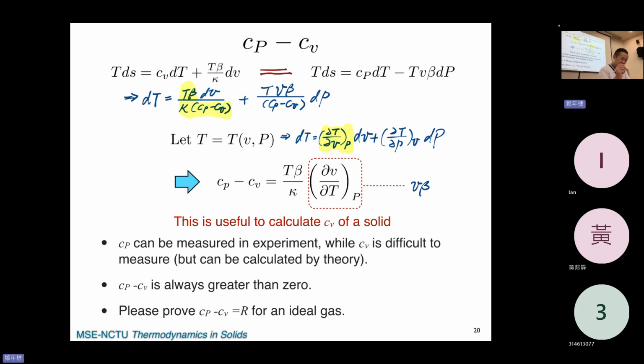Okay, this is the best thing that CP minus CV gives us. And CP minus CV is always greater than 0. This is kind of experience. And please prove CP minus CV equals R for an ideal gas. Well, you can prove that back at home by applying PV equals mRT. All right, so you can do that.